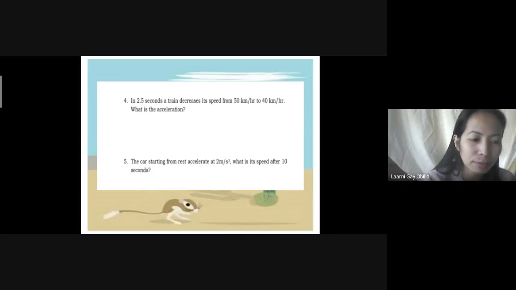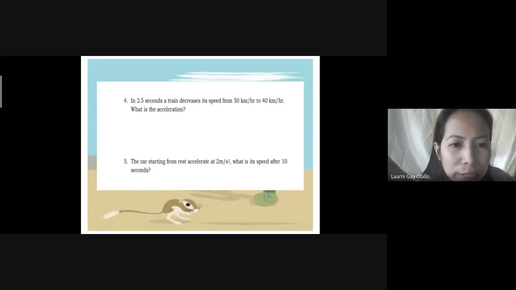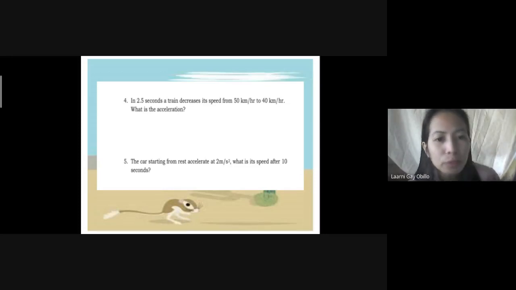And for last number, the car starting from rest accelerates at 2 meter per second squared. What is the speed after 10 seconds? So, the car is starting from rest, so 0 yung kanyang starting point. Kung yung car ay nag-start from 0 at ang bilis daw ng takbo niya is 2 meter per second squared, tumatakbo siya ng 2 meter kada isang segundo.